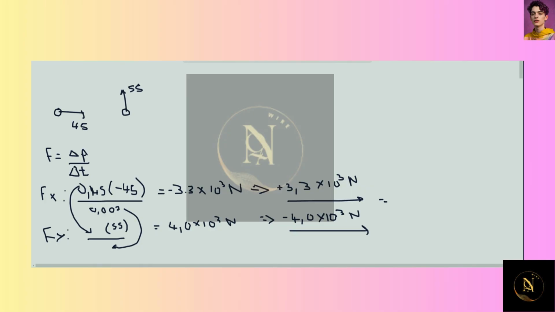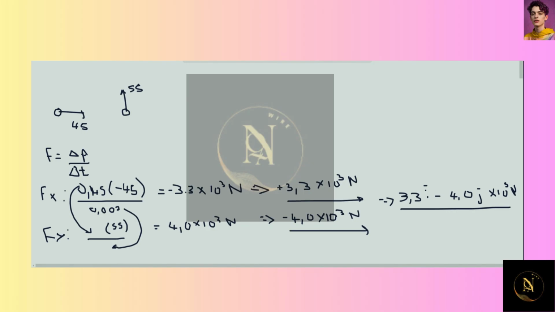If you want to express that in vector notation, it would be 3.3 i for the x minus 4.0 j for the y, and all of this is times 10 to the third newtons, because it's thousands and you can simplify the notation.